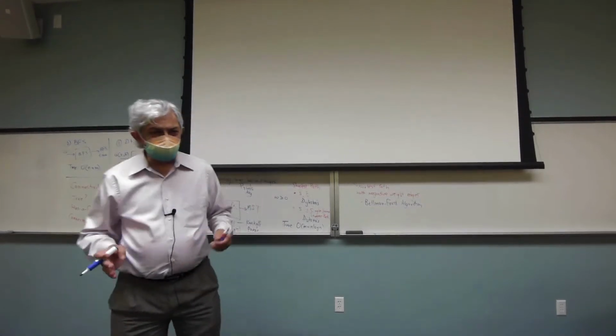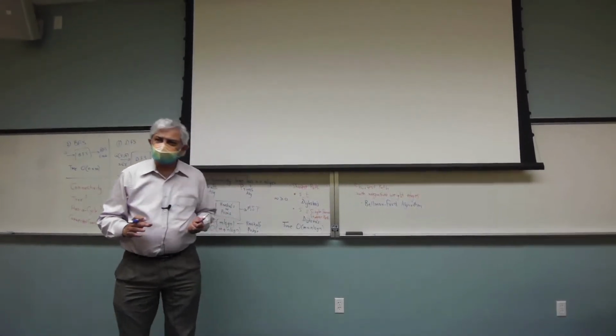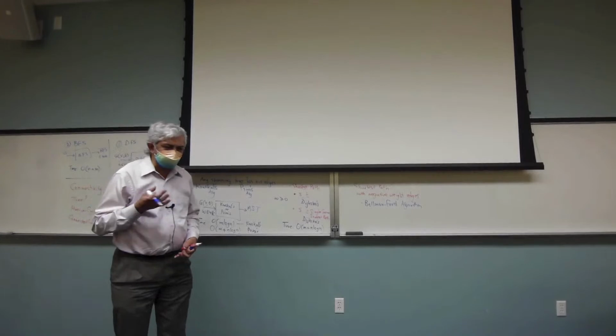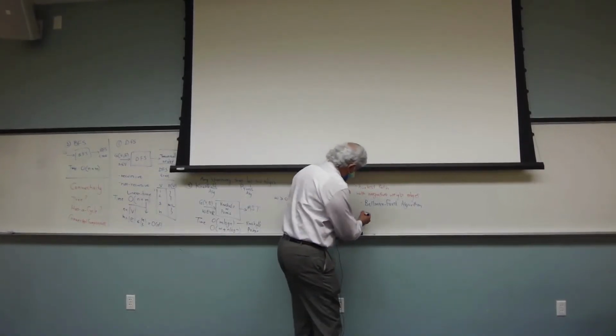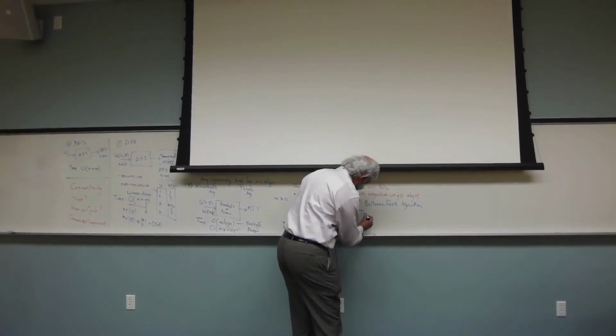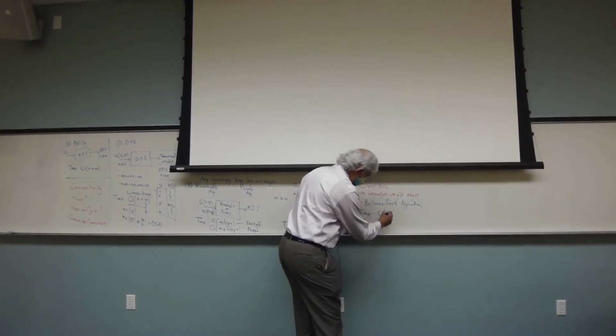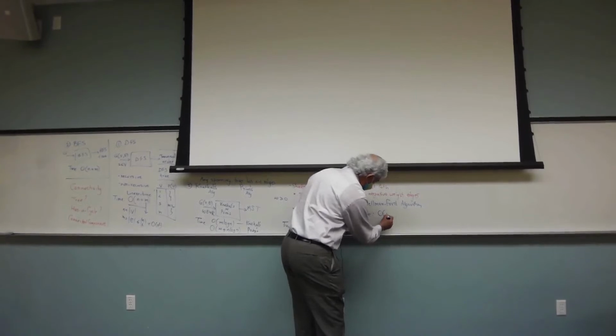So this thing is a little more general. It allows us to use negative weights in the graph. And the time complexity for this, anyone remember this? m times n, yeah.